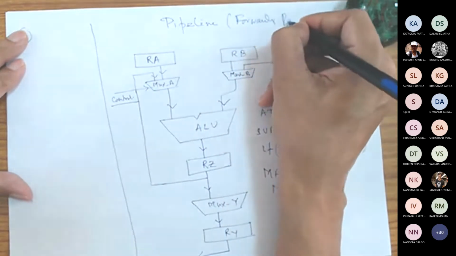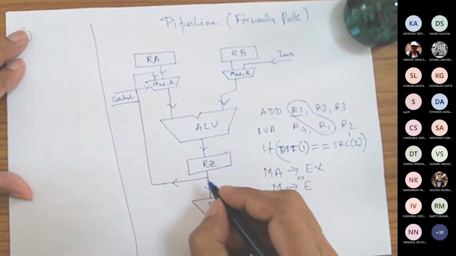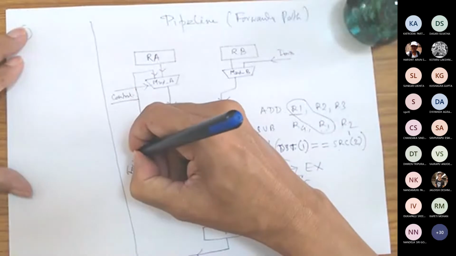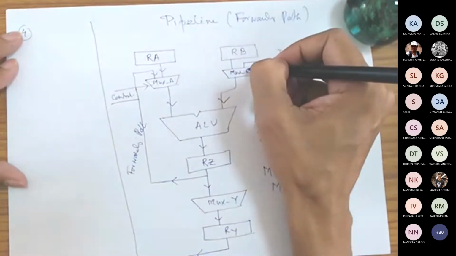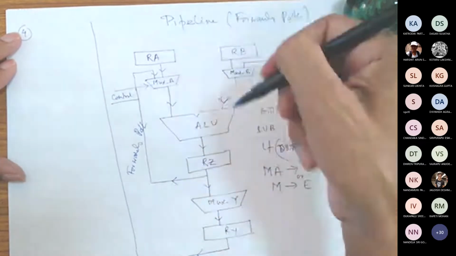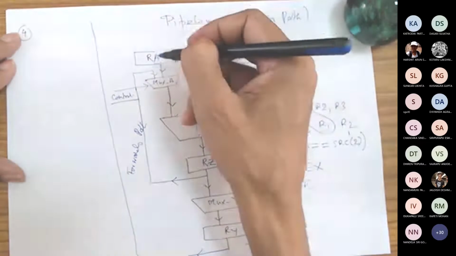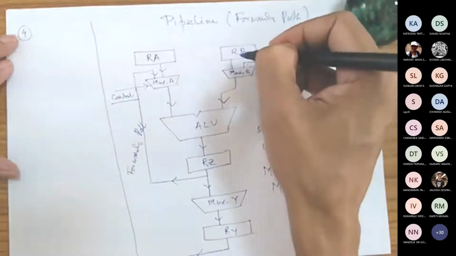This is called a forwarding path. So we design a forwarding path. You can do it this way also. This multiplexer also can be used, depending on the instruction. Since it was the first operand R1 which comes to RA, that's why we have given it. If it goes to R2, then it will go through here.